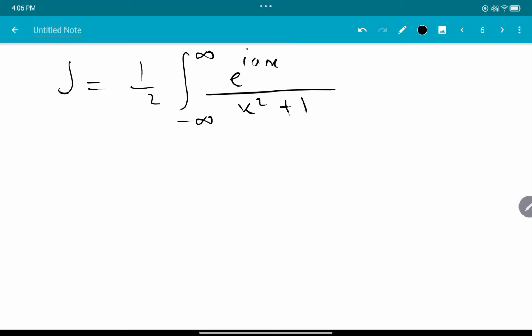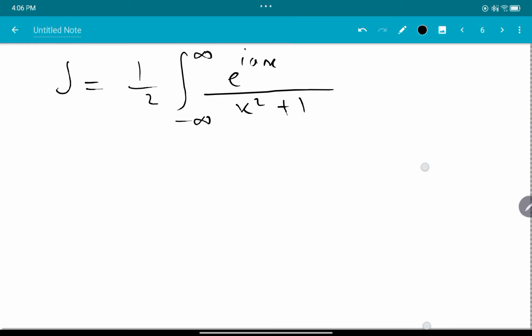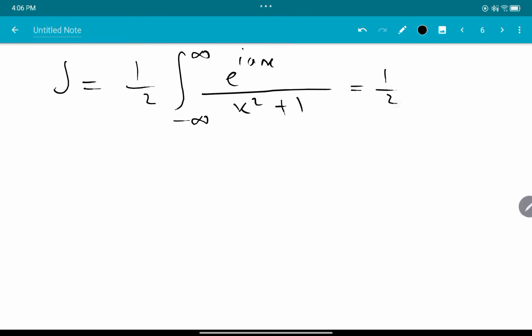But we want only cos, so we can write it as 1 by 2 times the integral from minus infinity to plus infinity of cos ax plus I sine ax divided by x square plus 1 dx here.